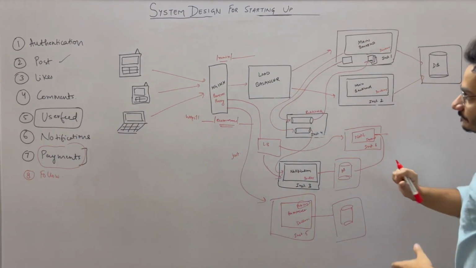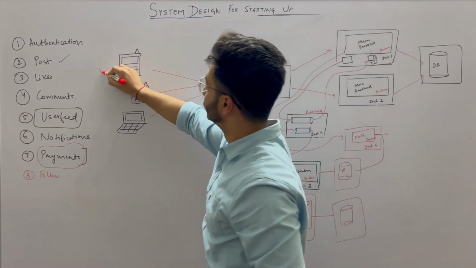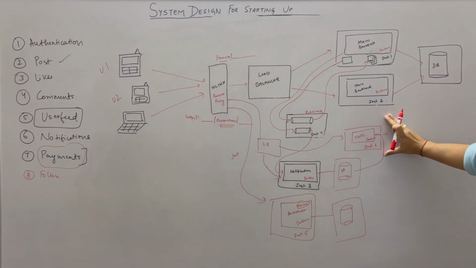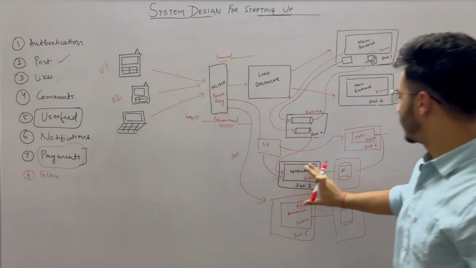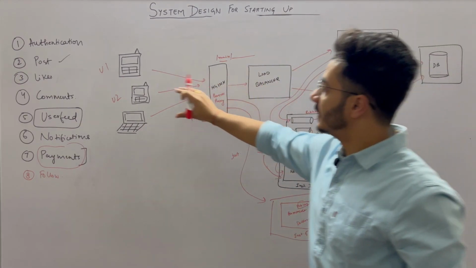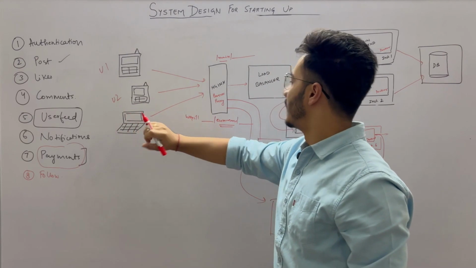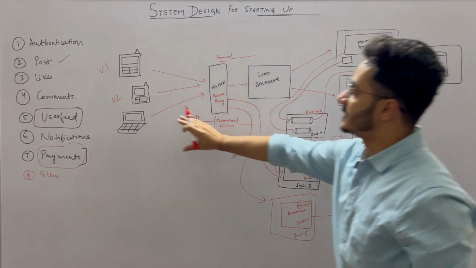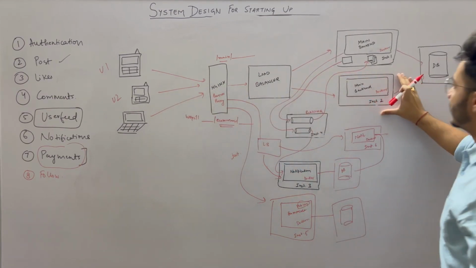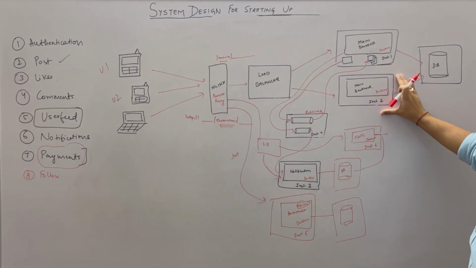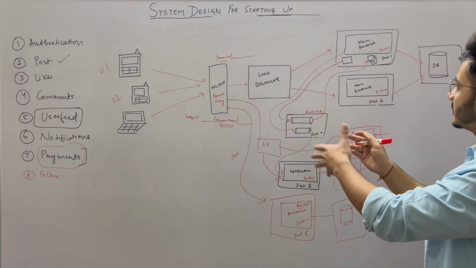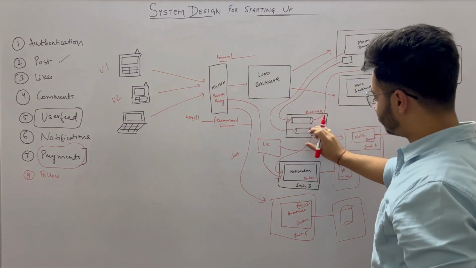Now suppose this is user 1 and this is user 2. User 1 makes the connection with this service, and user 2 makes the connection with the second service. Now user 3 comes and posts something, and these two users are following this user. He makes the post, it arrives on this main backend, and the main backend pushes that this notification has to be sent to the users, so it pushes that to this queue.